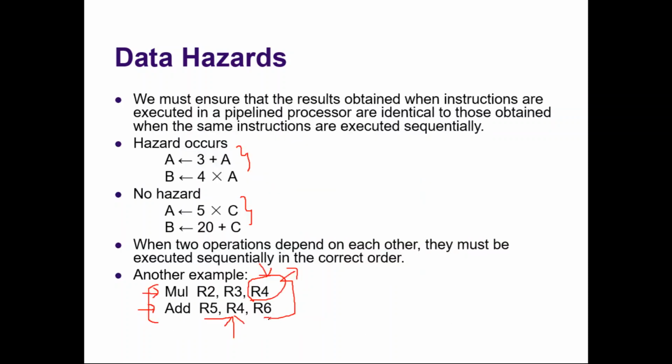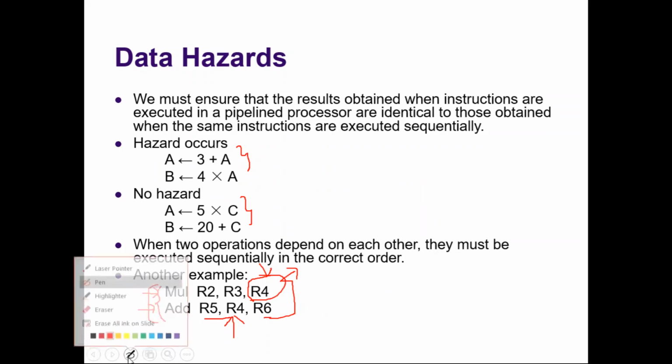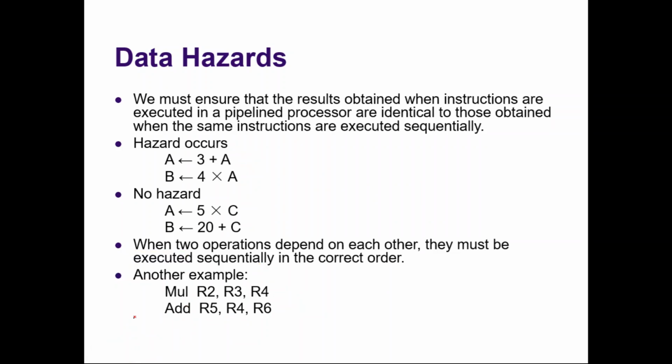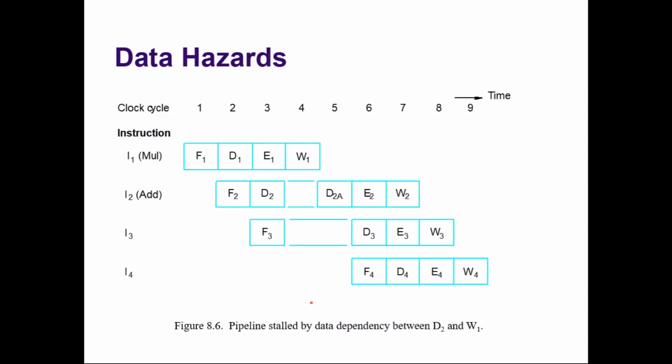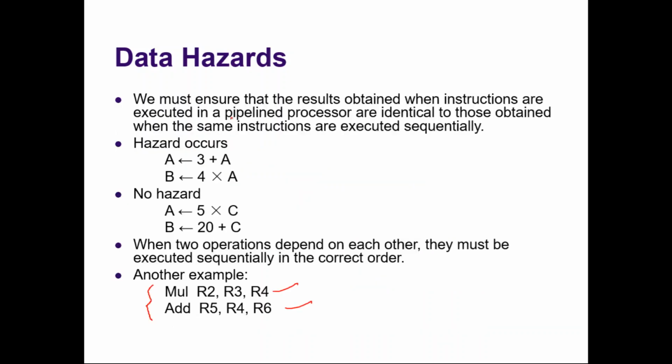So let us see how these two instructions will be executed with a pipeline without affecting the final result. First, that multiply instruction is executing as usual. We are calling this instruction 1 and this instruction 2.